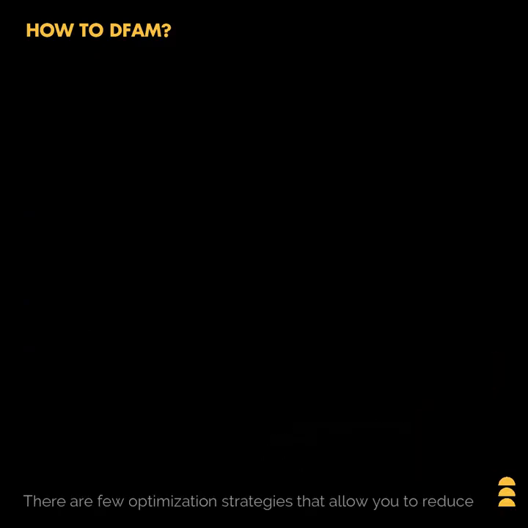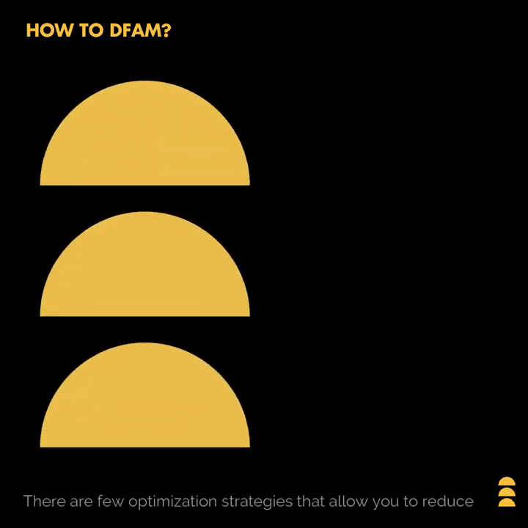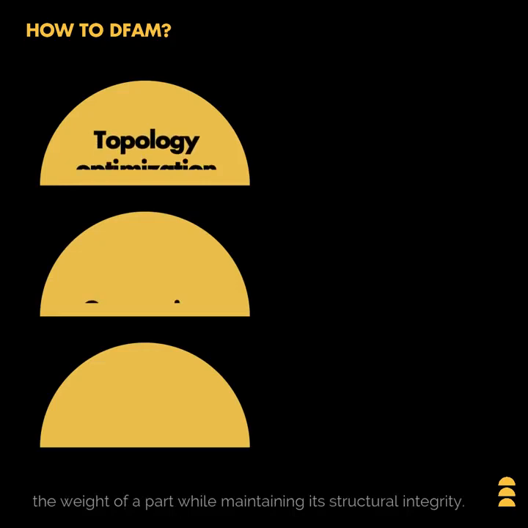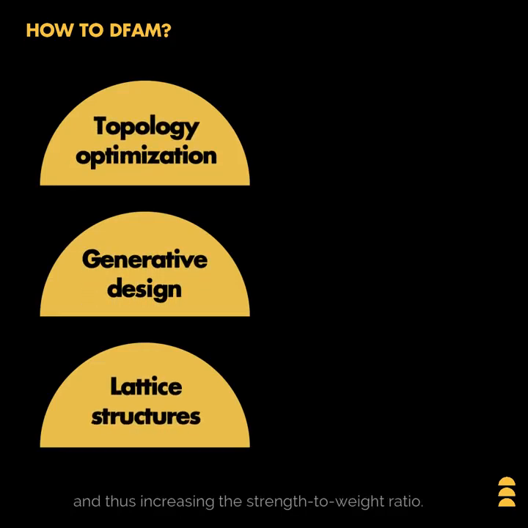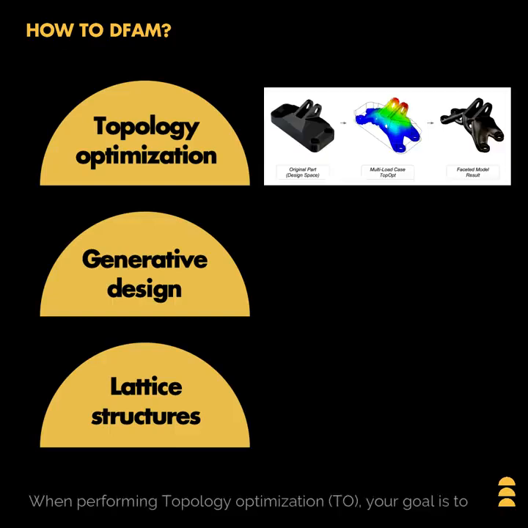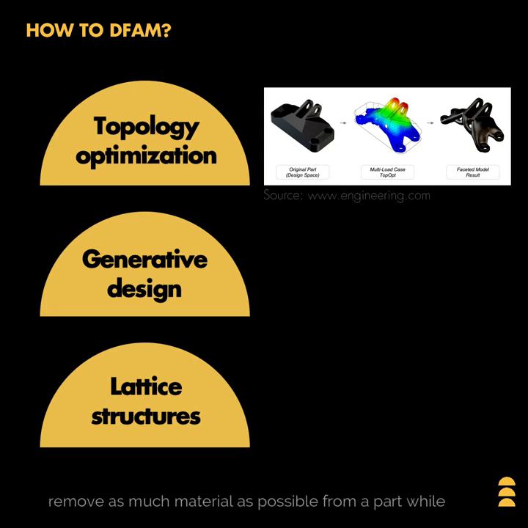There are a few optimization strategies out there that allow you to reduce the weight of a part while maintaining its structural integrity and thus increasing the strength to weight ratio. The three major ones are topology optimization, generative design, and latticing, or lattice structures. When performing topology optimization, your goal is to remove as much material as possible from a part while maintaining sufficient mechanical properties.